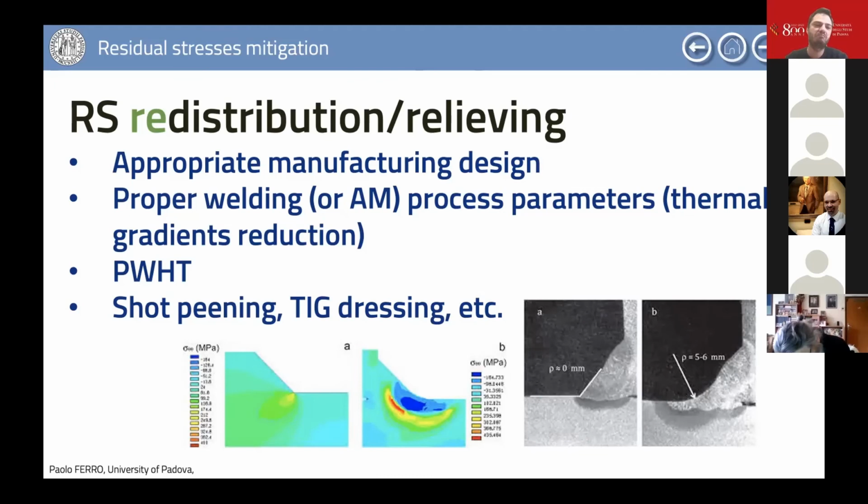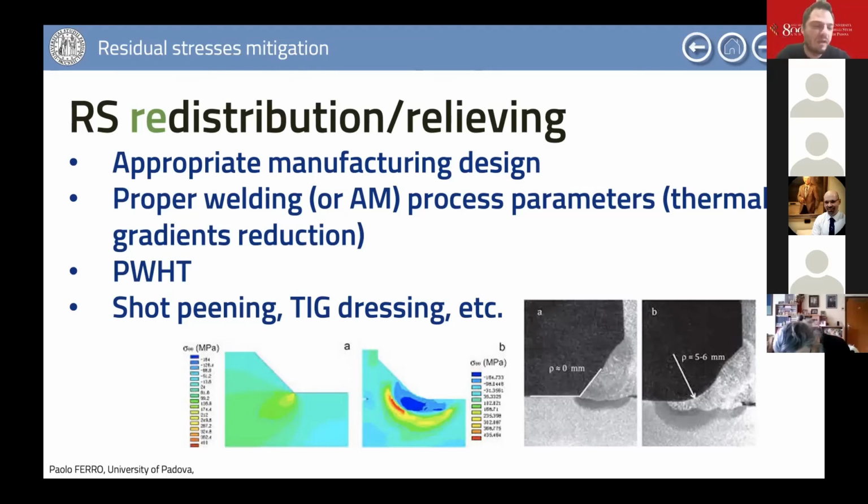Then we can optimize the process parameters in order to reduce the thermal gradient, if possible. And we can use post-welding heat treatments, also in additive manufacturing components.